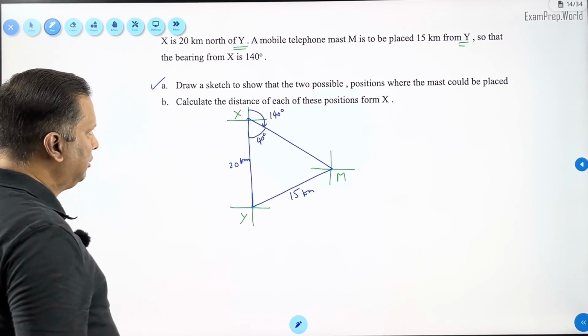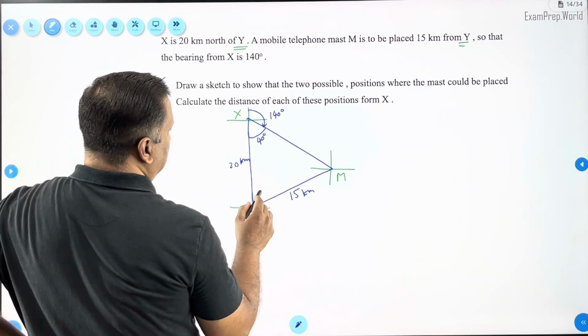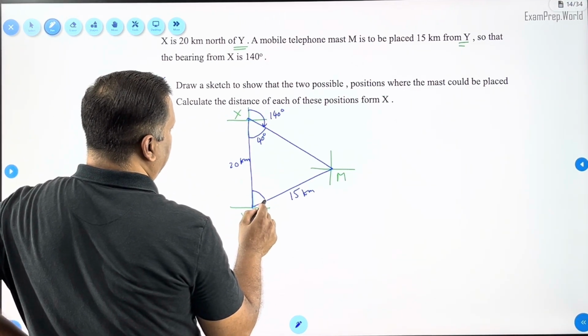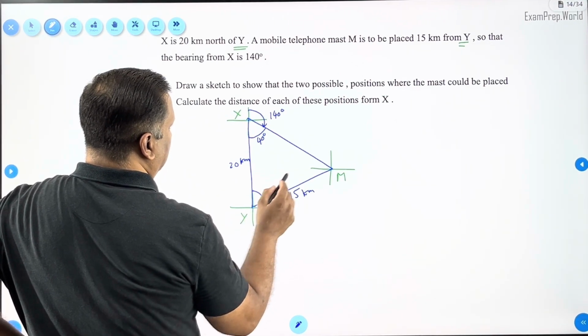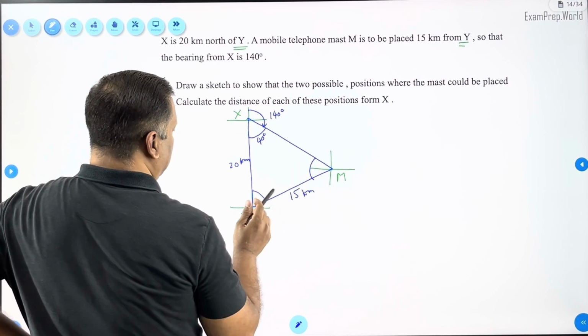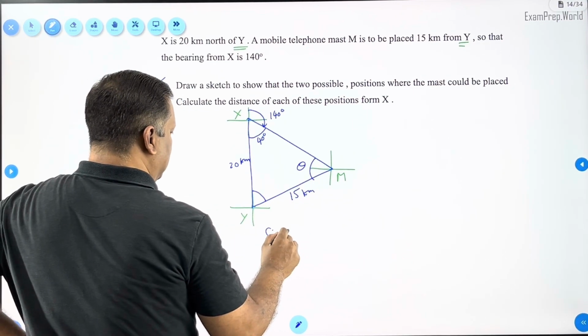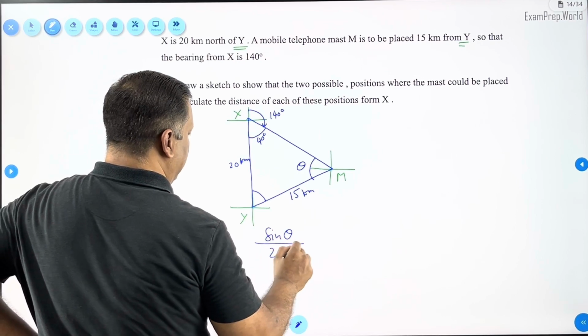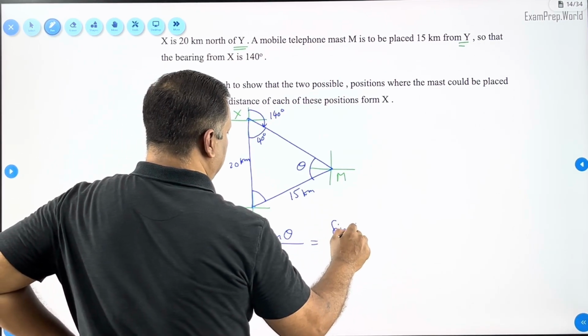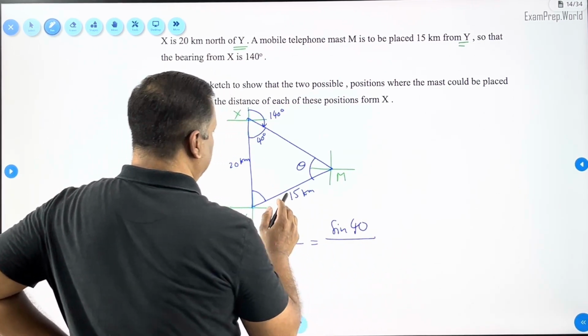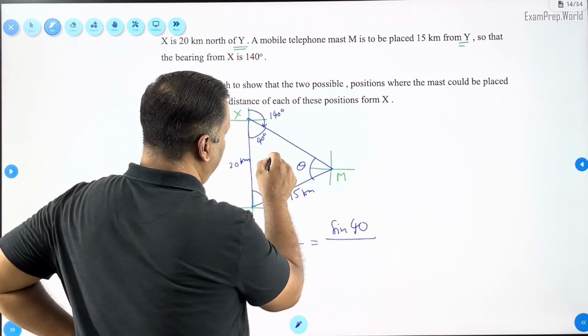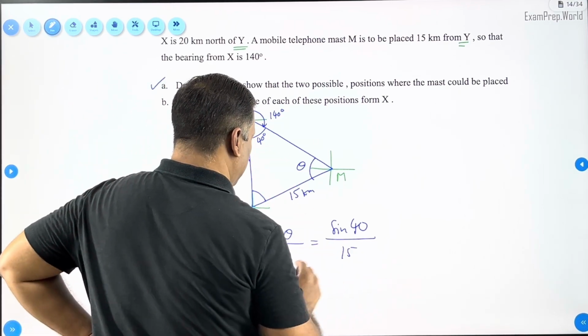We can calculate this angle first. How will we calculate this angle? Let it be theta. So we will put sine of theta over 20 is equal to sine 40 over the opposite side, which is 15, right?